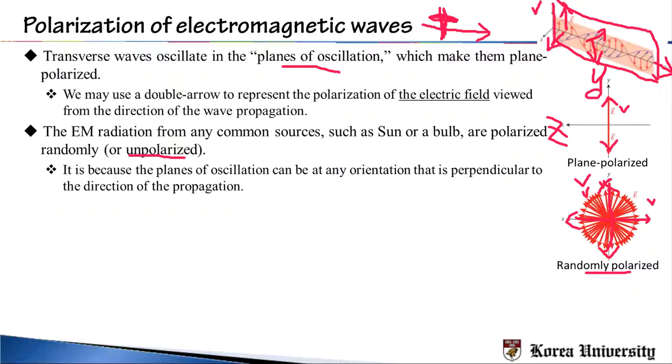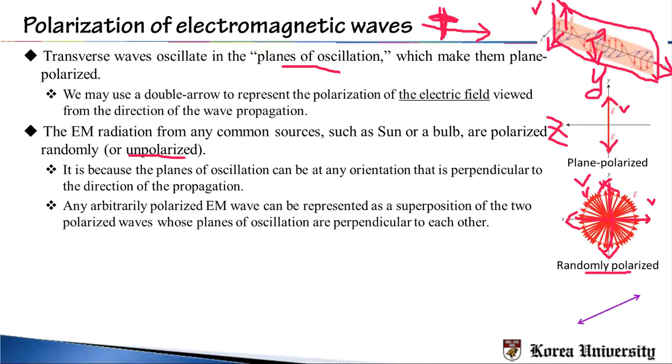Let me explain it. Suppose now you have one polarized light like this one. This is tilted, but still it is only within a certain plane, so it is polarized. But this polarization can be divided into two components: one small component parallel to the y-axis, and another, longer component along the z-axis.